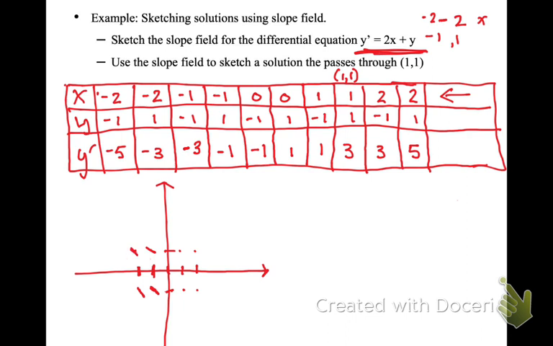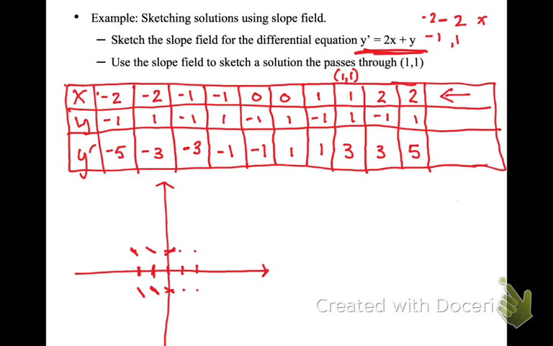And then, let's see, I did -1, 1. So 0, -1, it should be -1. 0, 1, it should be 1. So it has to go which way? The other way.